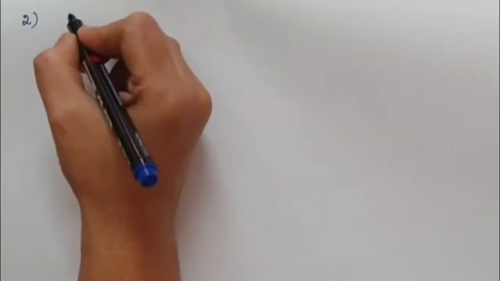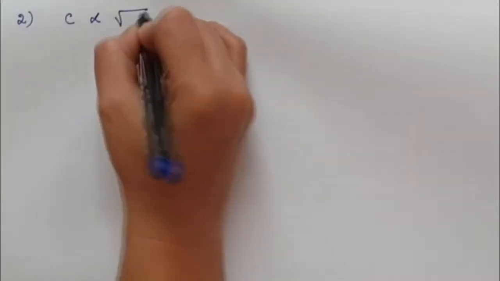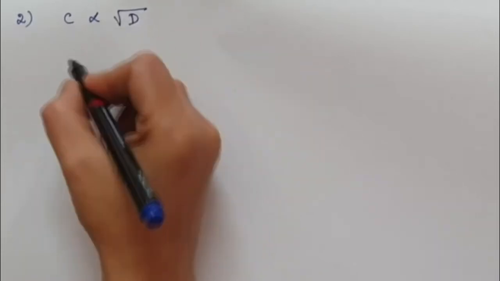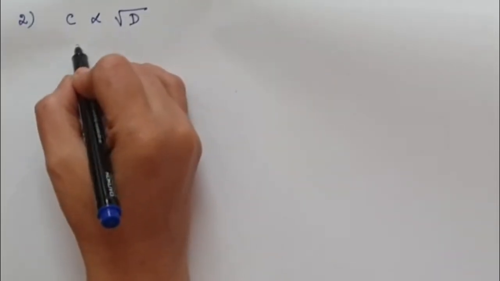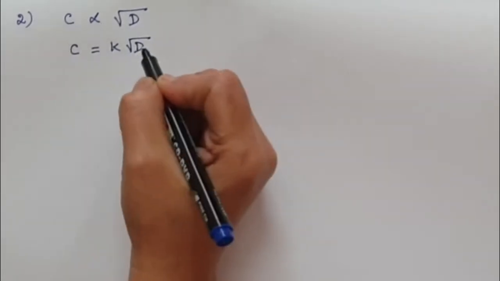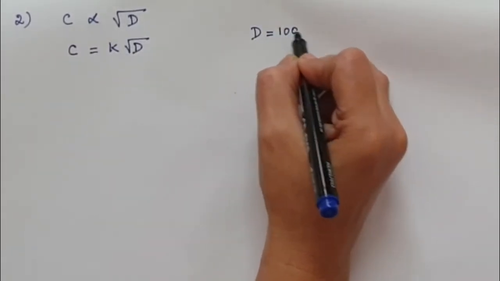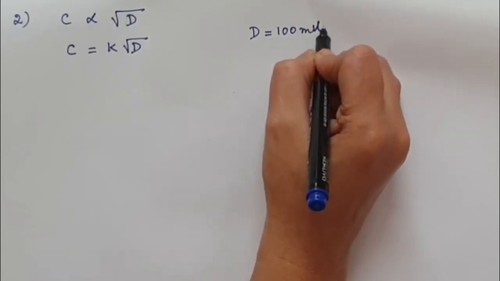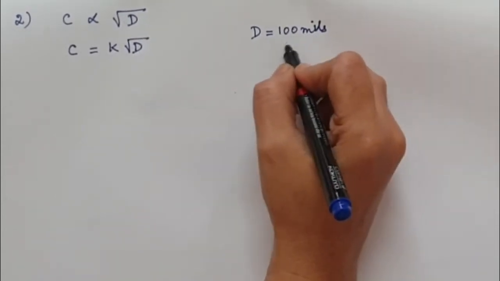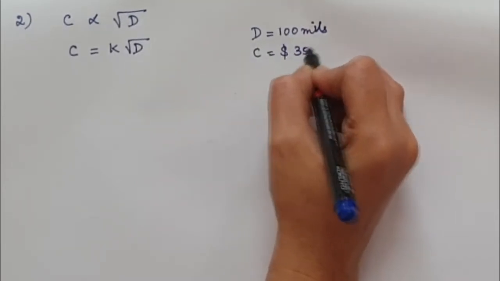Second question, it is given that C varies directly with the square root of the distance. So we write it like this: C will be equal to K into square root of distance. Now in our first part, we are given D equal to 100 miles and C equal to $35.